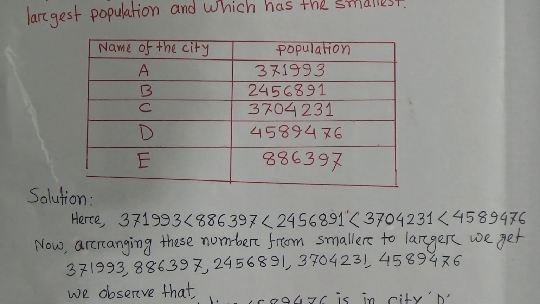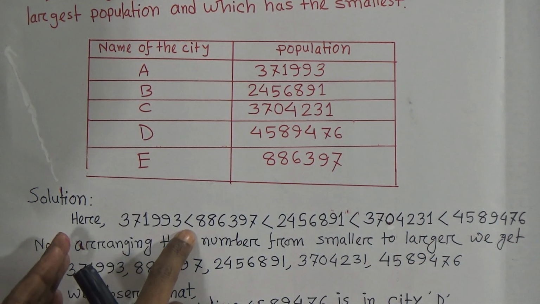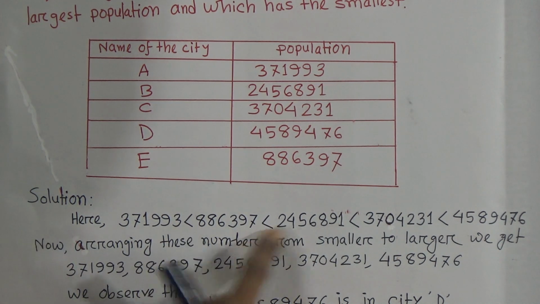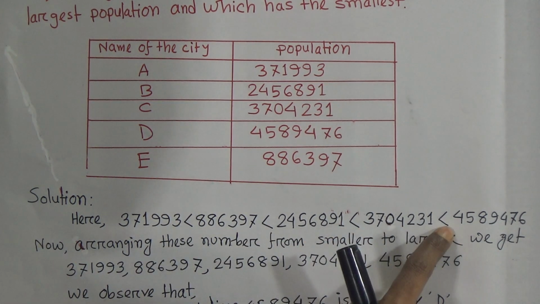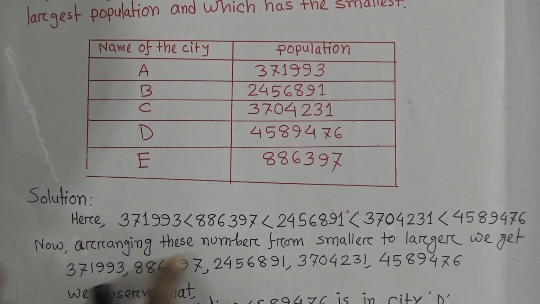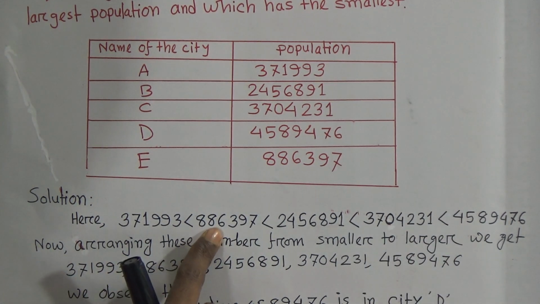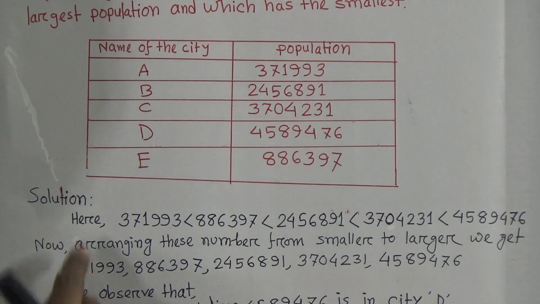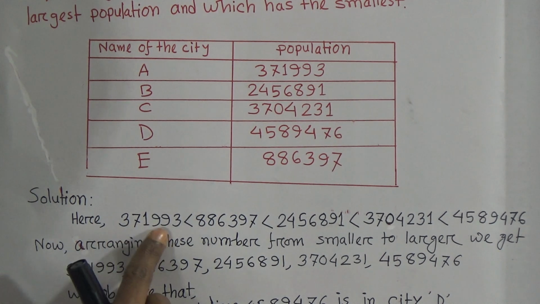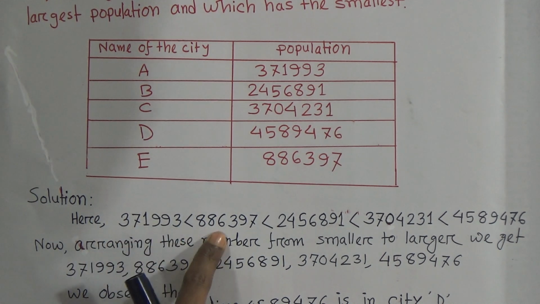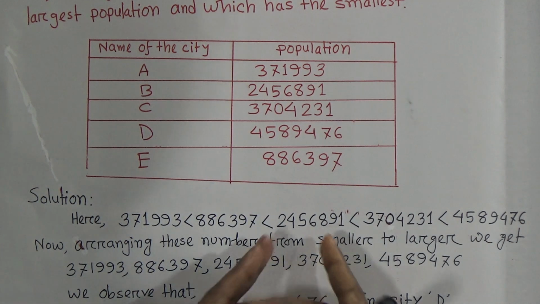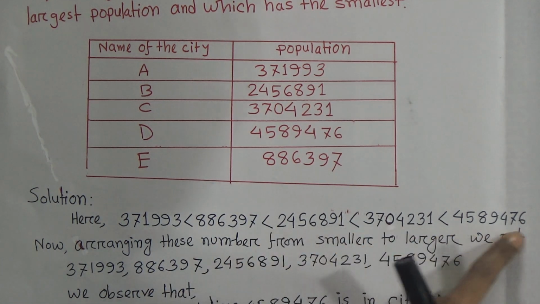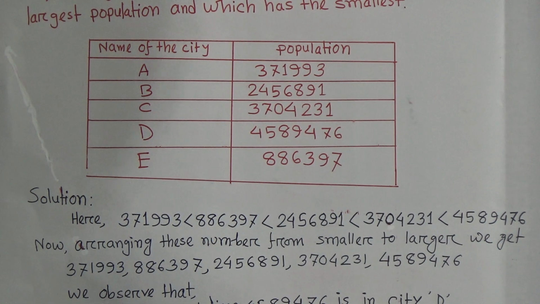Okay, look, this is the smaller than symbol. That means 8,86,397 is bigger than 3,71,993. So I have written it this way. Similarly, the rest of the populations I have written this way. Now, arranging these numbers from smaller to greater, we got this.